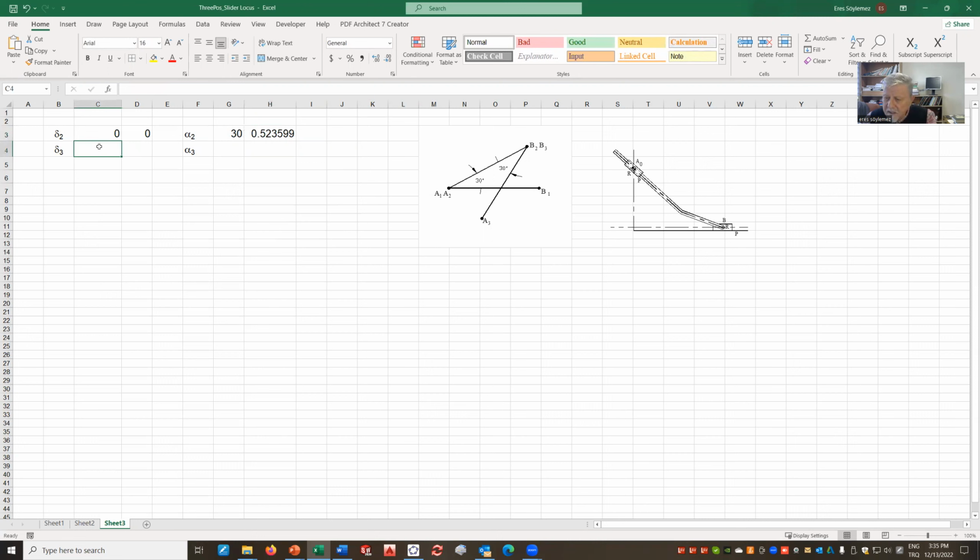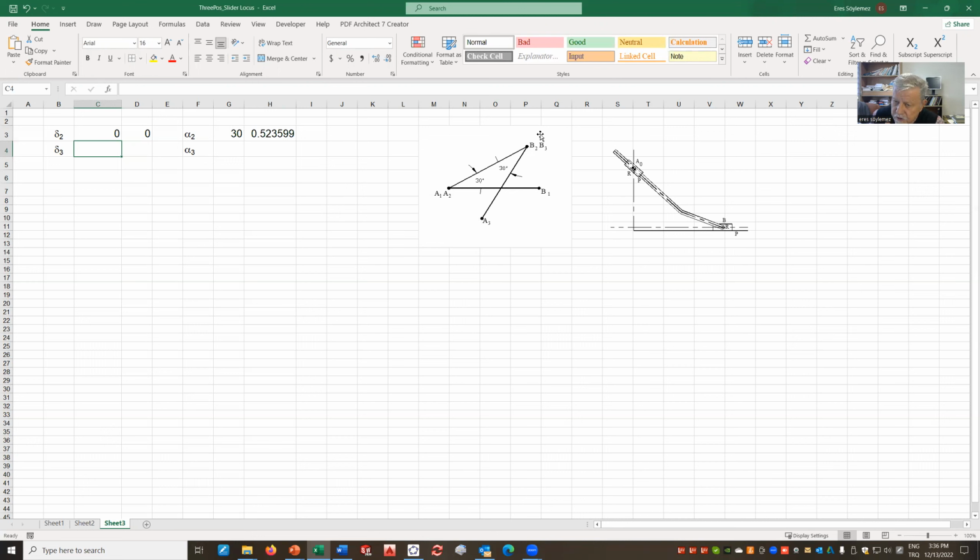Now, delta 3. Notice if I consider the AB length as 1 unit, if you want, you can take it as 10 units, I don't care. If I take the AB length as 1 unit, I can determine this point A3. First, take this length, which is 1 unit times cosine of 30 degrees, the x dimension, and then take this length of 1 unit.